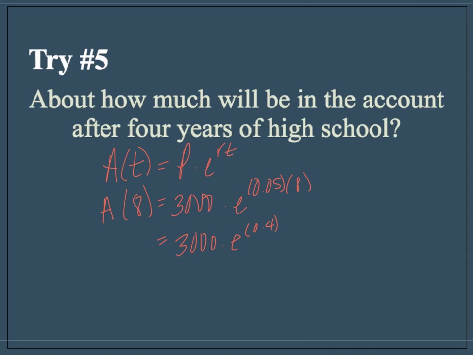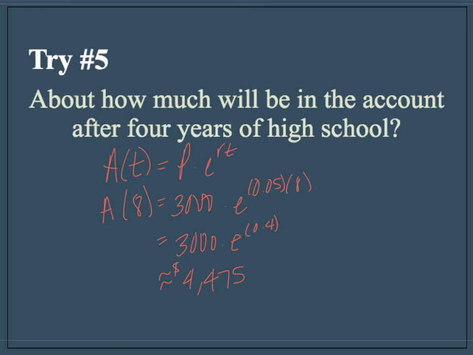And then e to that 0.4 times 3,000 is about $4,475. And now that makes a huge difference, right?